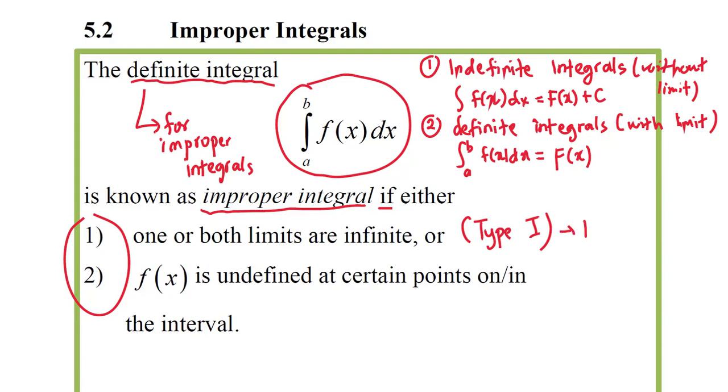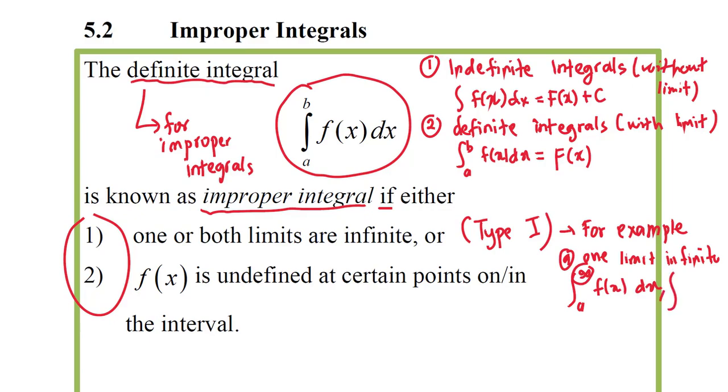For example, one limit infinite. Let's say you have the integral from a to infinity of f(x) dx. You see this is infinity, so one limit is infinite. Or you have the integral from negative infinity to b of f(x) dx.